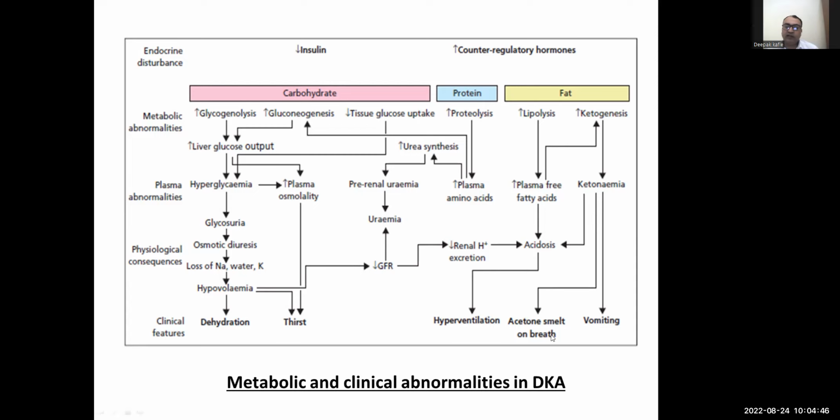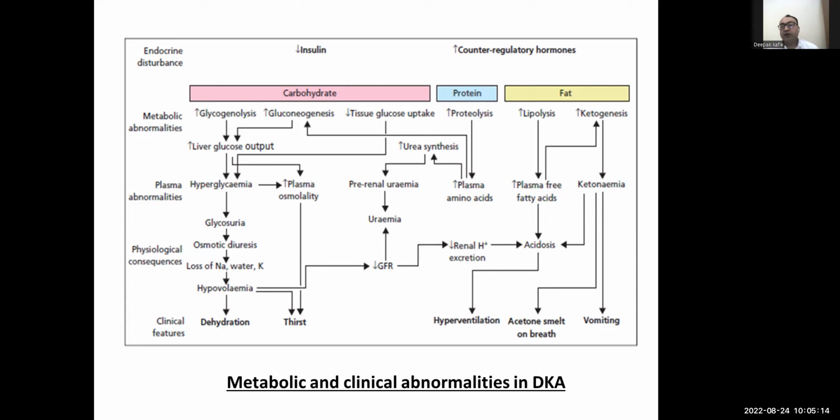And apart from this, due to acetone production in diabetic ketoacidosis and in starvation, that acetone is a volatile substance, and that acetone will be exhaled through the lungs, and the smell of the acetone at that time is fruity. These are some of the biochemical changes that occur in case of diabetic ketoacidosis.